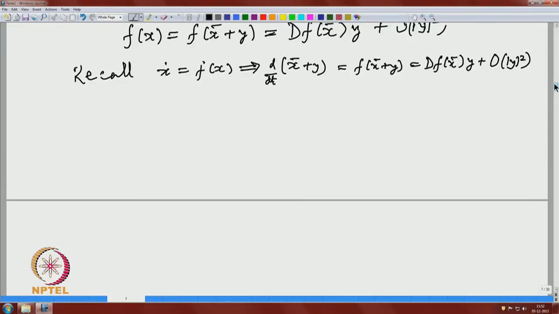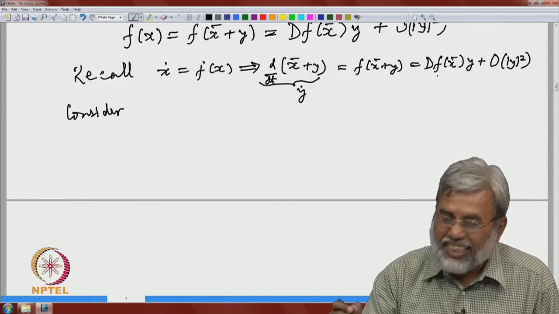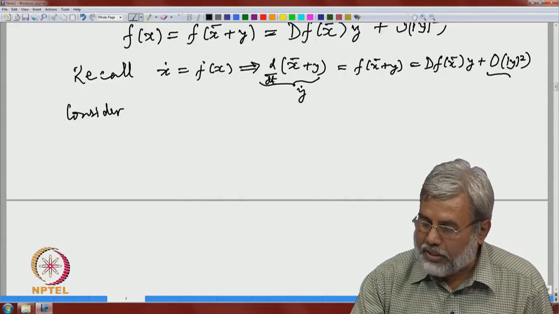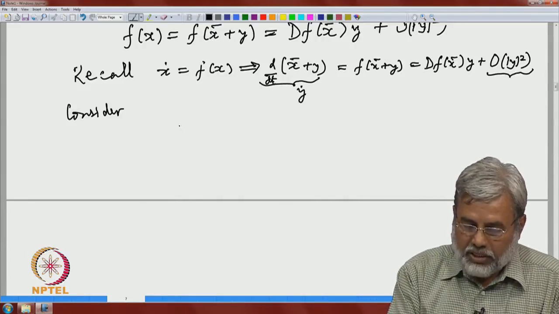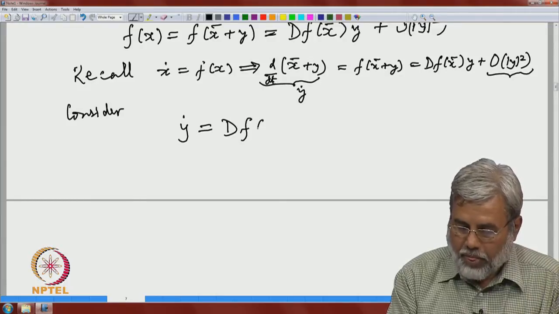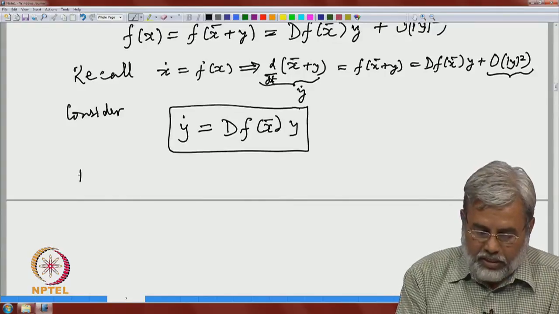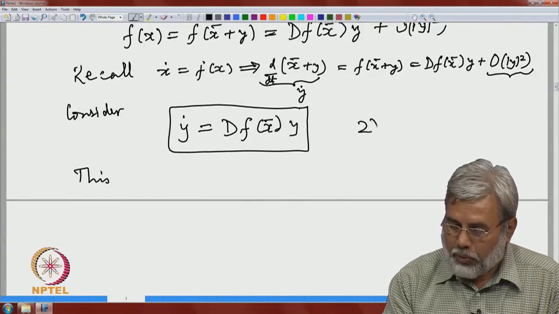Now we define the linear approximation. This one is a constant, so this is just y dot, and in the first approximation, the linear approximation, I ignore these quadratic terms. So, y dot is equal to df of x bar times y. Let me call it 2.